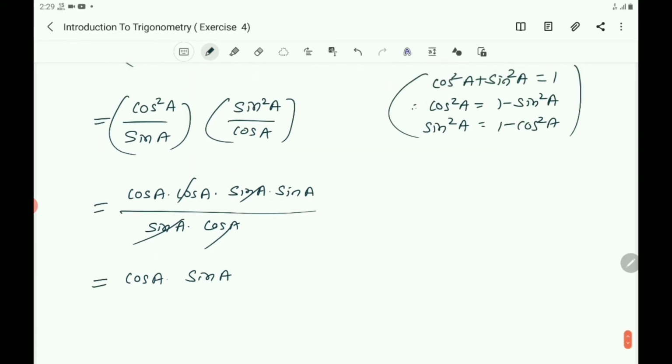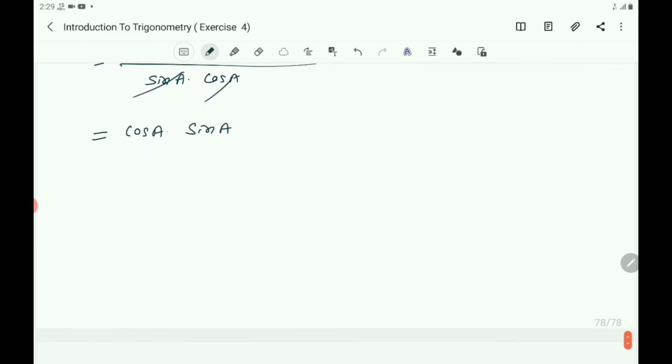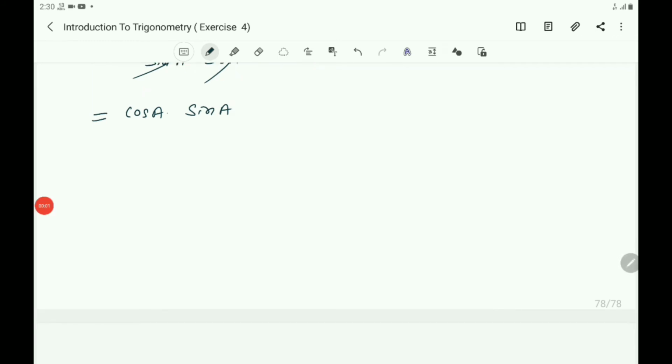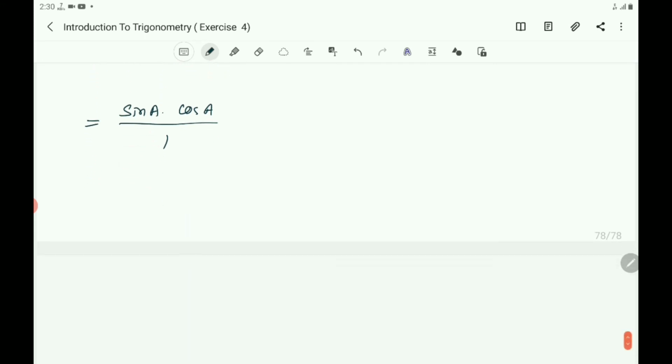Cos A sin A. Then here you consider, that is sin A into cos A by 1. You take it as 1 here. Then here you write sin A into cos A.